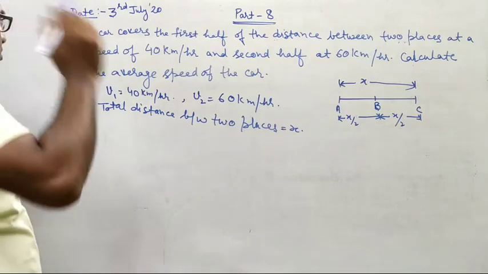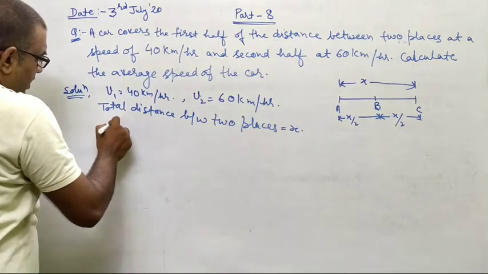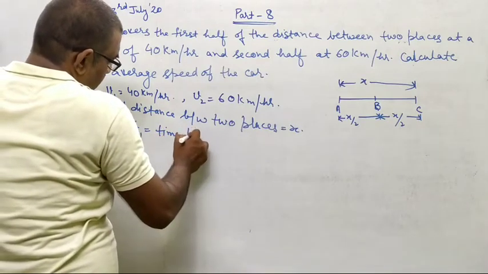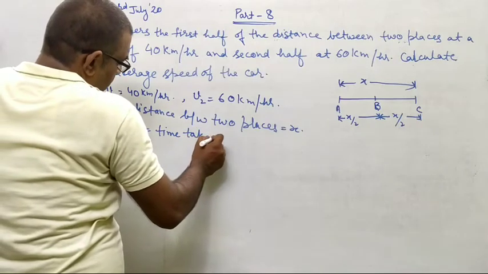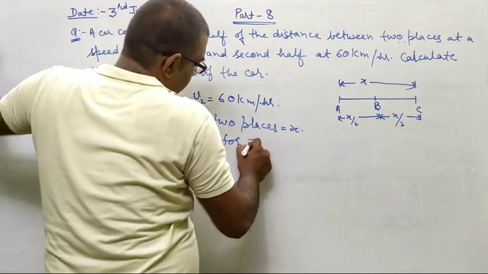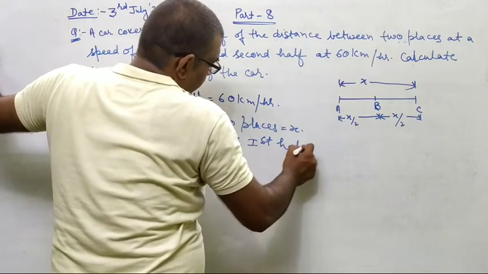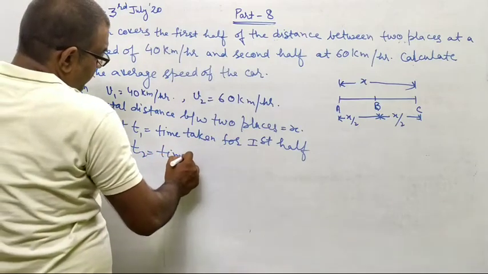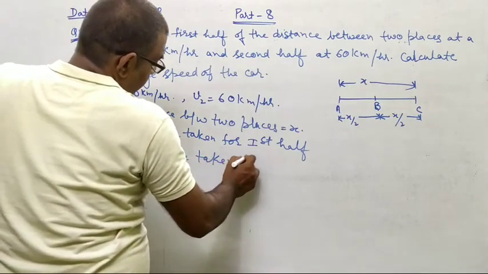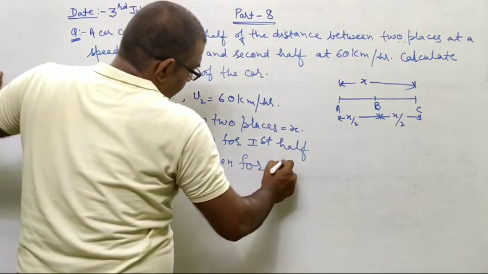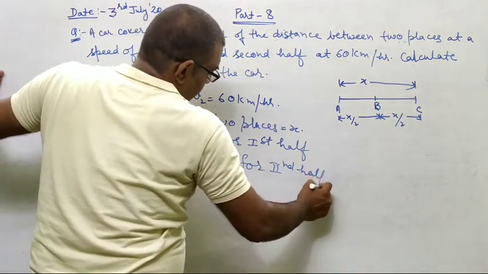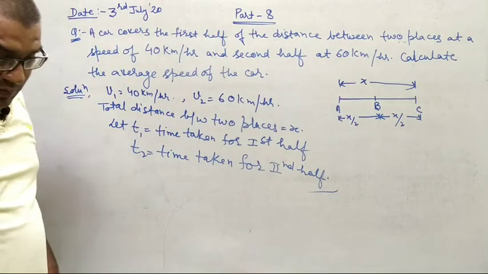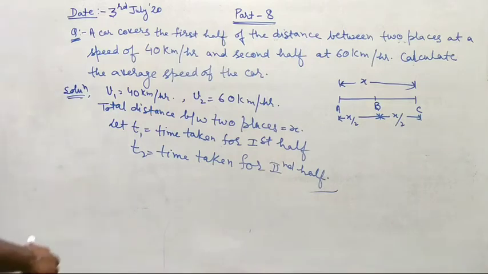So let t1 be the time taken for the first half, and t2 the time taken for the second half. Now we have to calculate these times, t1 and t2.